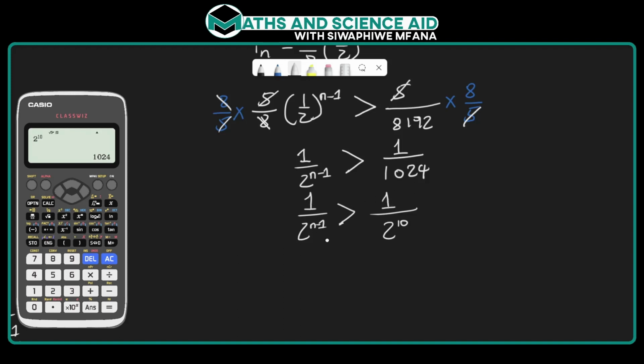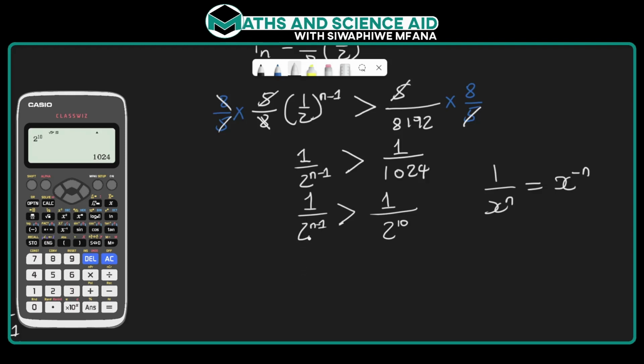What I am going to do is I will simply use this law of exponent, which is that if, for example, you have 1 over x to the power of n, you can write this as x to the power of negative n.